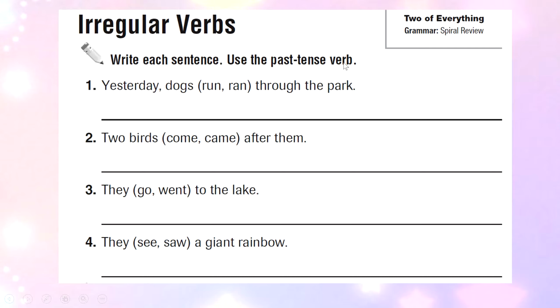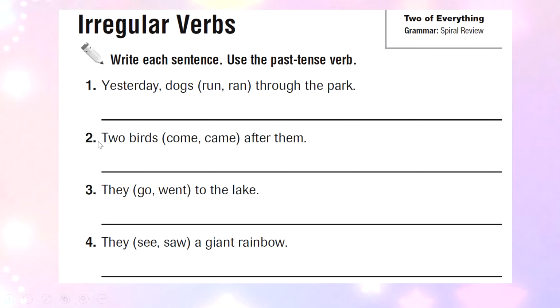I want to circle the past tense verb. Okay? Underline the word past. Yesterday, underline yesterday, it's a clue to the past. Yesterday, dogs run or ran through the park. Circle the past form.